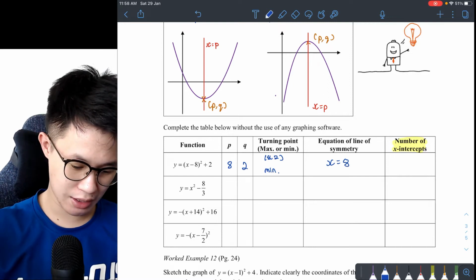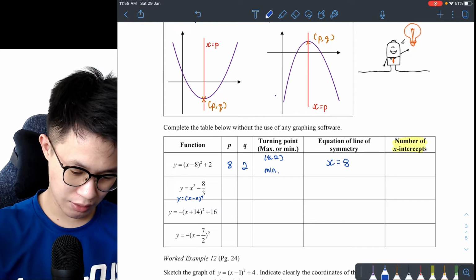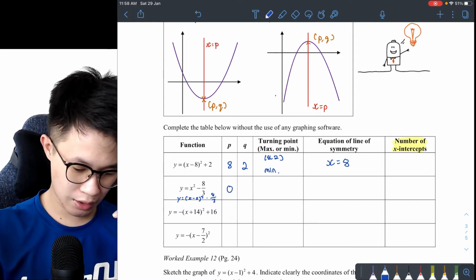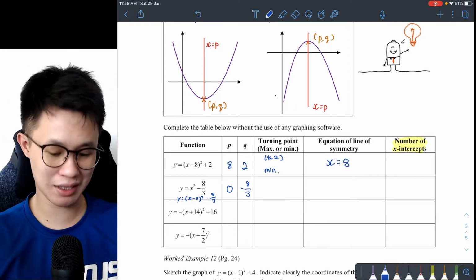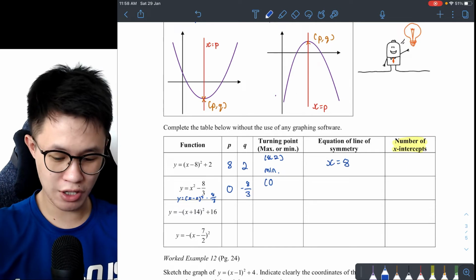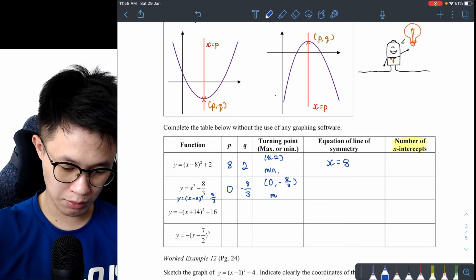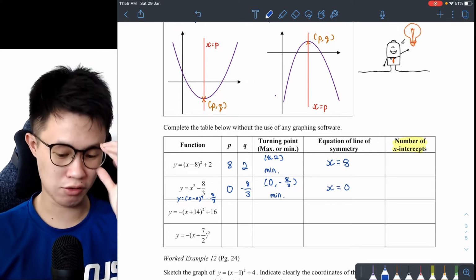It's because I can rewrite this as (x minus 0) bracket squared minus 8 over 3. So p is 0 and q is negative 8 over 3. It's such an amazing thing about these general forms. In this case, this is also a minimum point, and your line of symmetry is just x equals 0.